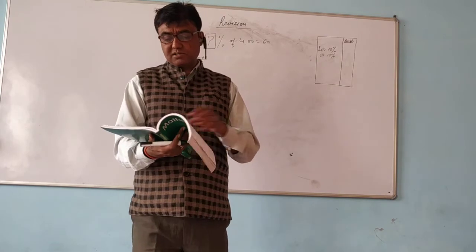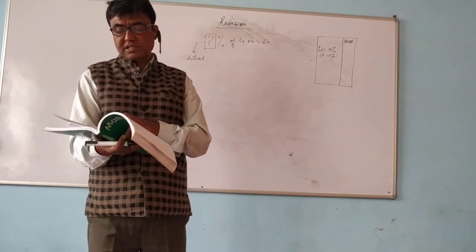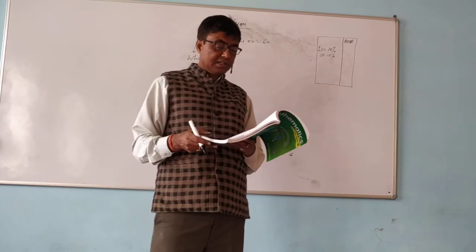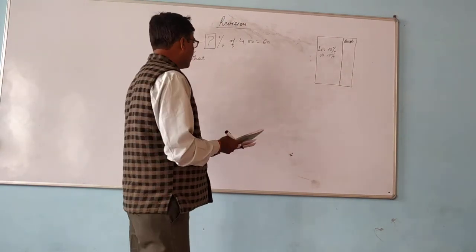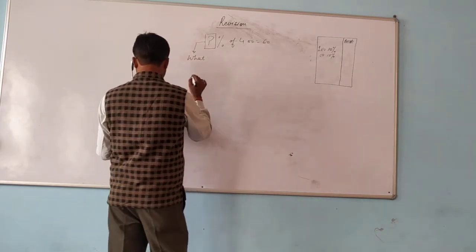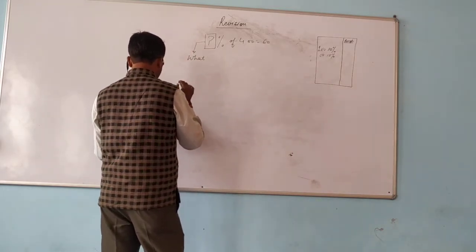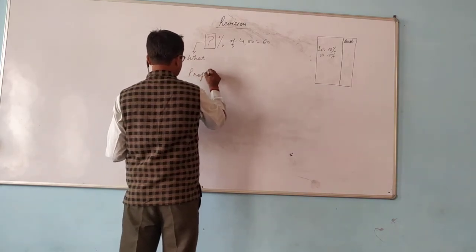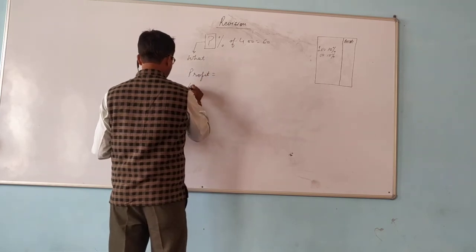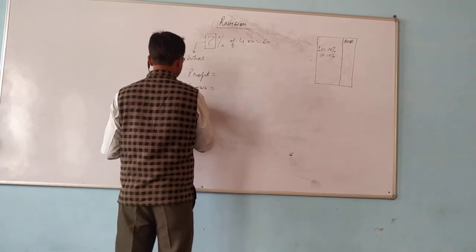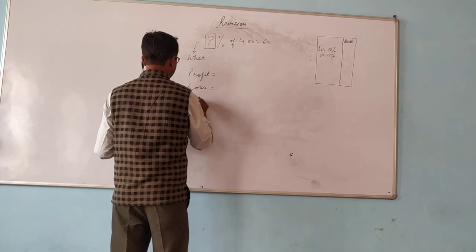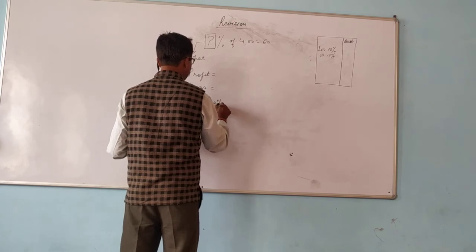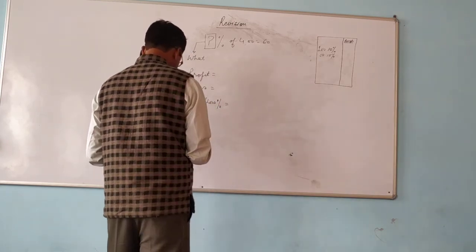And in the next class I will revise the chapter profit and loss. So already go through the profit and loss. I am giving the outlines of what you have to be ready with. Profit is equal to, loss is equal to, profit or loss percent is equal to, right?